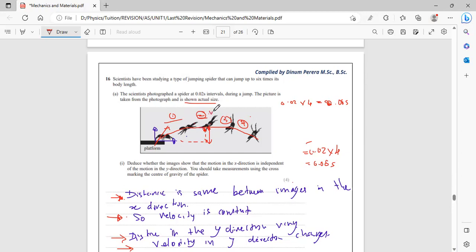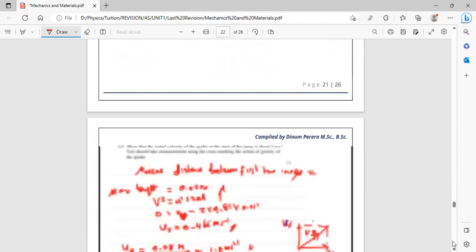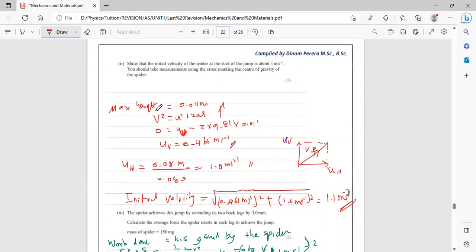At the maximum height, the vertical component of the velocity is 0, right? So you know the maximum height, you need the acceleration, it's 9.81. So you can find the vertical component of the initial velocity using a motion equation, right? So we can use v squared equals u squared plus 2as. The maximum height has to be measured, right? You measure it, it's 0.011 meters.